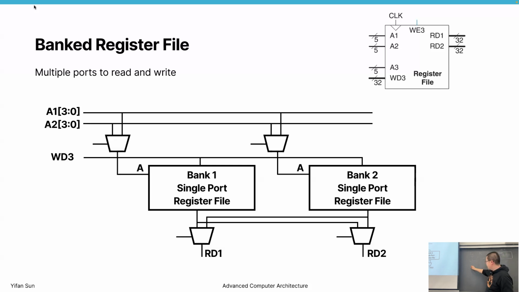SIMD means if you have add R1, let's actually use V1: V1 equals V2 plus V3. I'm writing V because this is a vector register. When we're executing this instruction, we're actually executing 32 or 64 threads: 32 for NVIDIA, 64 for AMD.